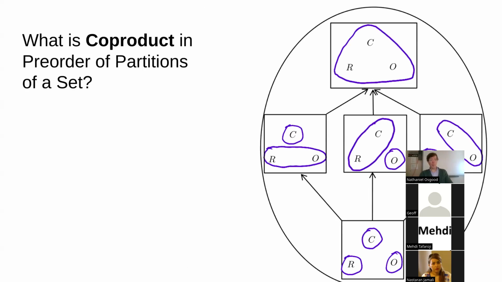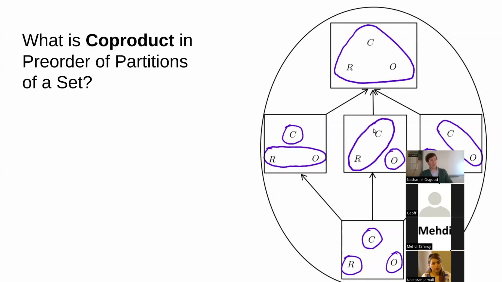Okay, what is the coproduct here? If you have two of these, if it's grouped with anything else in either of the ones at the base, then it's grouped here.